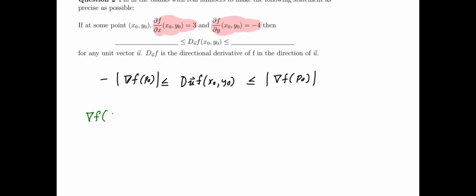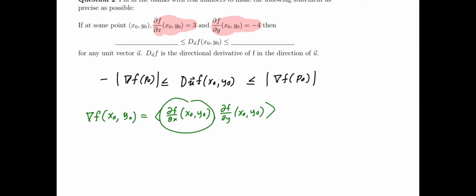At x0, y0, it's going to be the partial of f with respect to x at x0, y0, and the partial of f with respect to y at x0, y0. So that's our gradient of a two variable function. So we're given what these components are. So this is given to be 3.